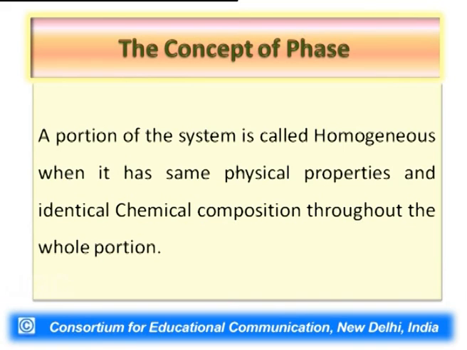Suppose for example, we have a system, and we can draw material from any site within the system, then the physical properties as well as the chemical composition should be the same throughout in all the portions. If this is so, we will have just one homogeneous system. So it means there will be one phase.